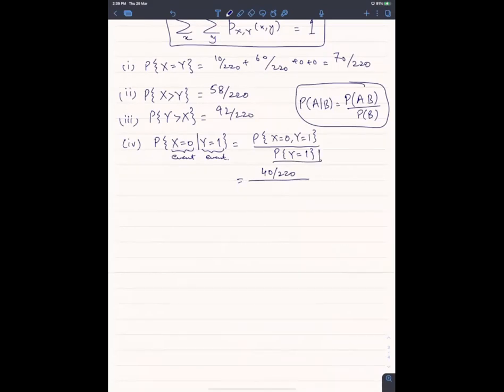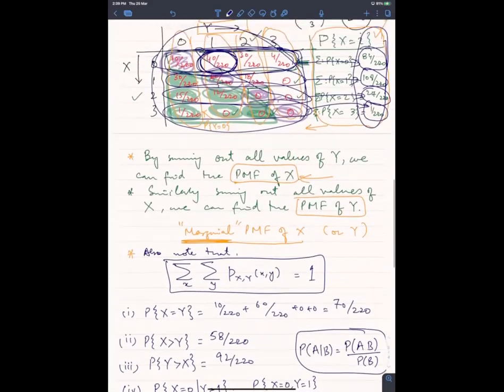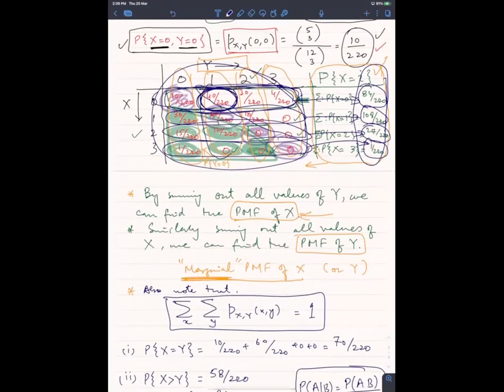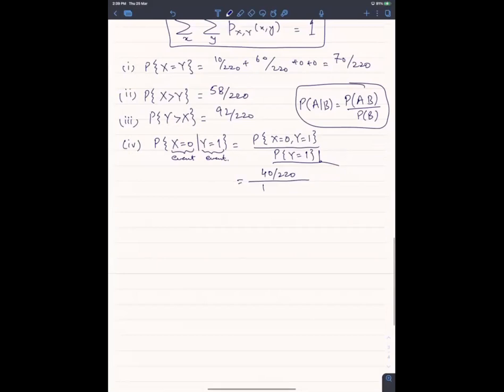How will you get this? Probability y is equal to 1 is from the PMF of y, which is the sum of entries here. Sum all of these, which is 40 plus 60, 100 and 12, 112 over 220, which will turn out to be 40 divided by 112. This is the probability that x is equal to 0 given that y is equal to 1. Okay, and I am going to mention something here now, the details of which will come later. This is a conditional probability, by the way.